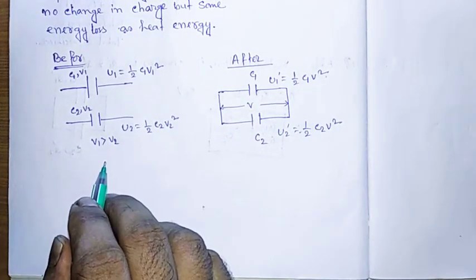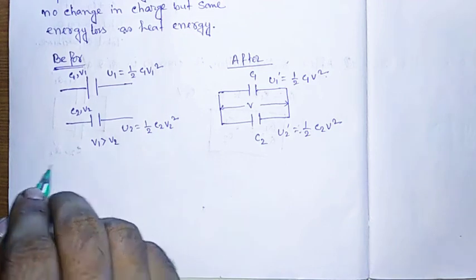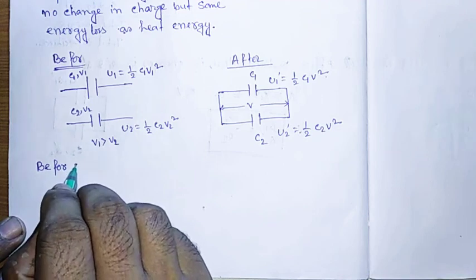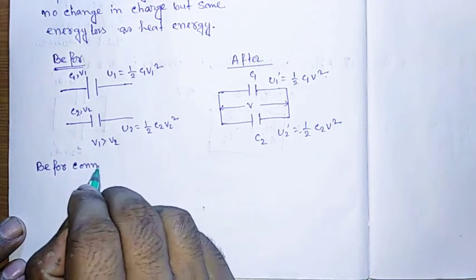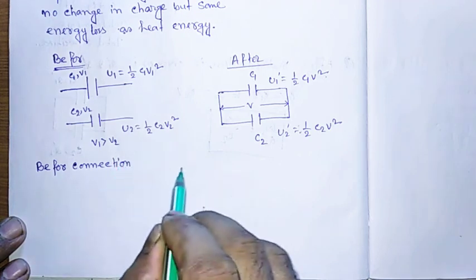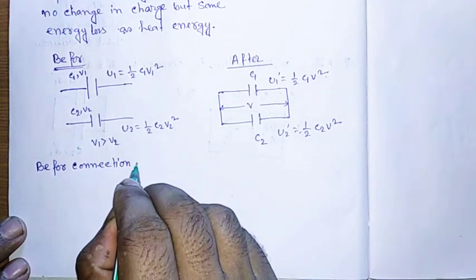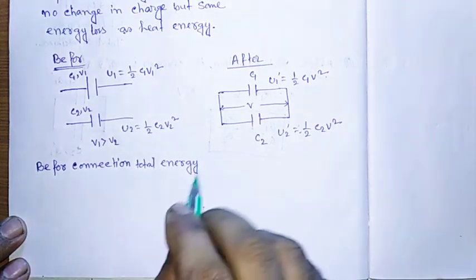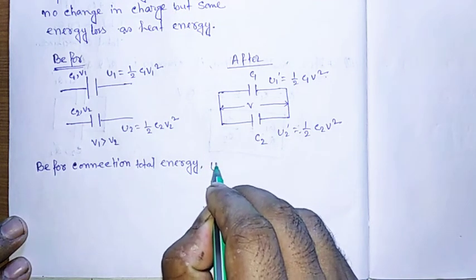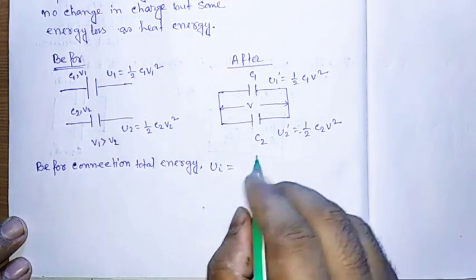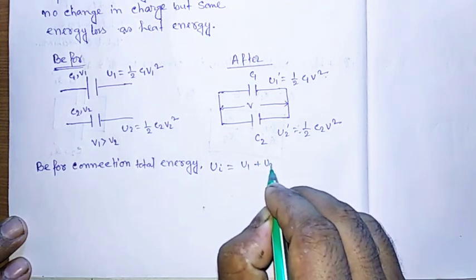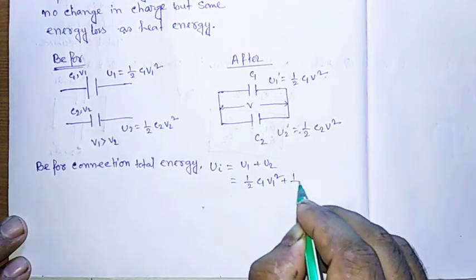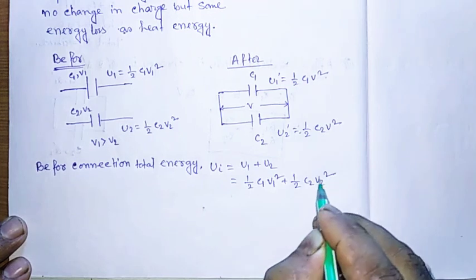Now, before connection, we consider Ui, the initial total energy, equal to U1 plus U2, which is half C1 V1 square plus half C2 V2 square.